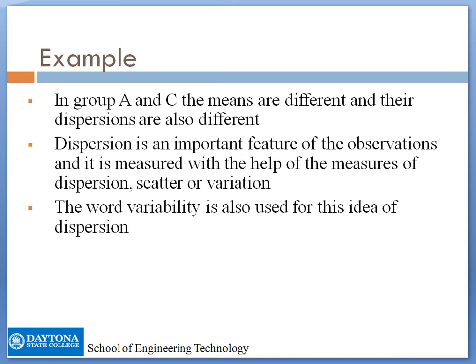The word variability is also used for this idea of dispersion. So remember, the measure of dispersion tells you how spread out your data are to the central value, which is your average or your mean. So it shows the variation of your data as well.